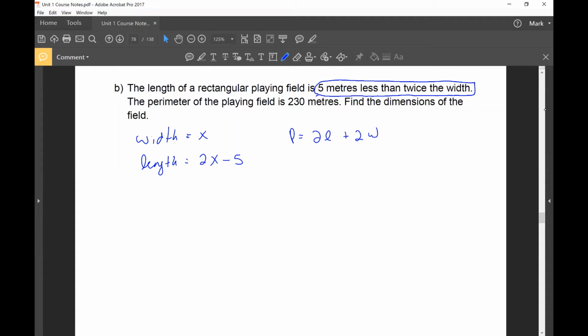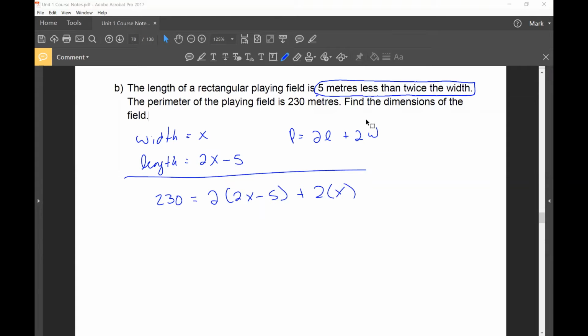Okay, so I put all of this together, 230. That's my perimeter. Let me check the chat. Okay, cool. More answers. Excellent. All right, so 230 would be 4x minus 10 plus 2x. 230 plus 10 is equal to 6x.